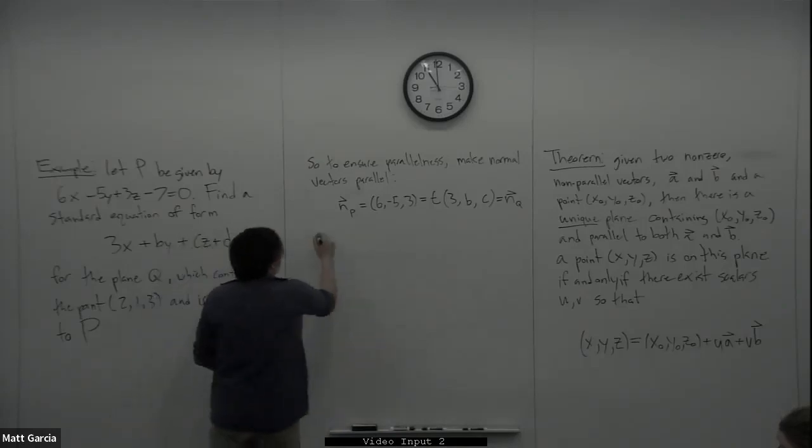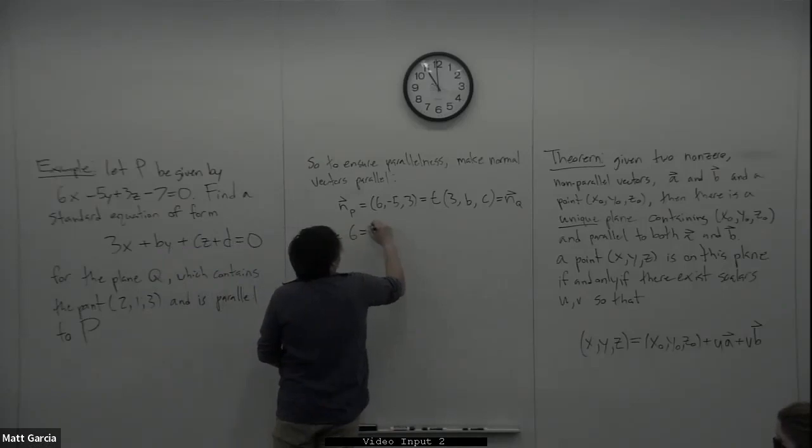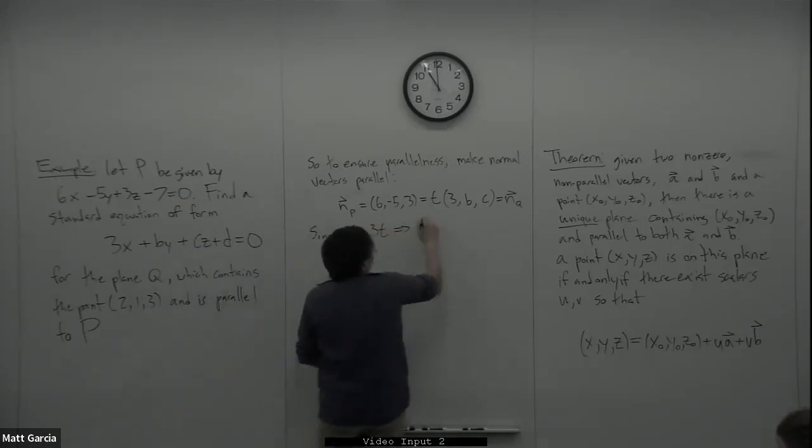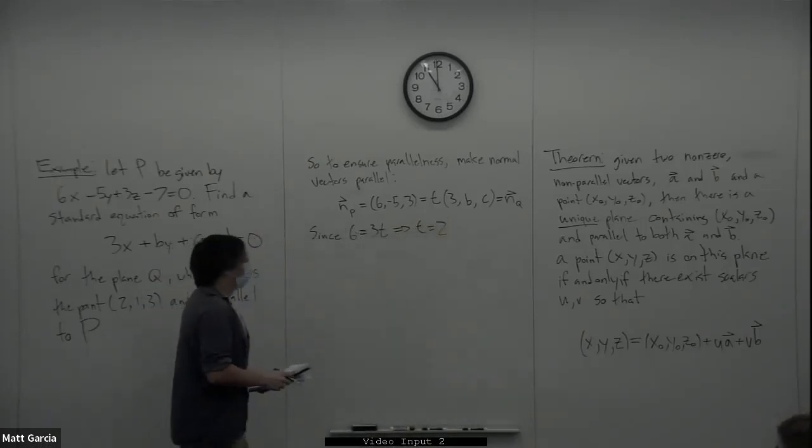Since we must have 6 equals 3t, this implies that t is 2.